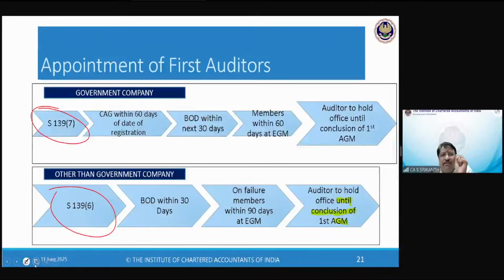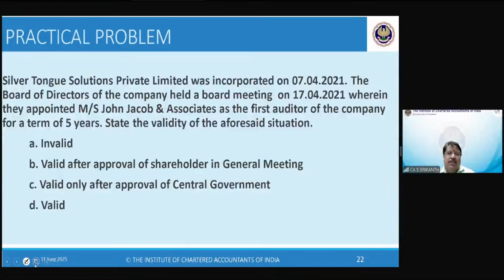The board of directors shall appoint the first auditor within 30 days. But the auditor so appointed can hold office only until the conclusion of the first AGM. In the instant case, the board has appointed him for a term of 5 years. Therefore, the appointment is invalid. If it's a long answer in theory, you write like that. If it's multiple choice, yes, invalid. That's all.